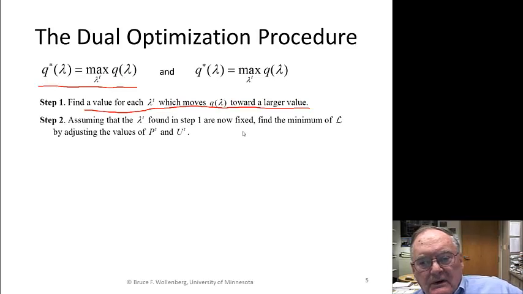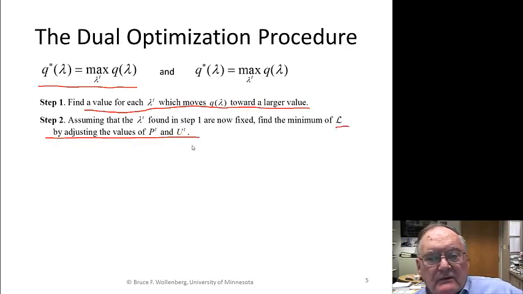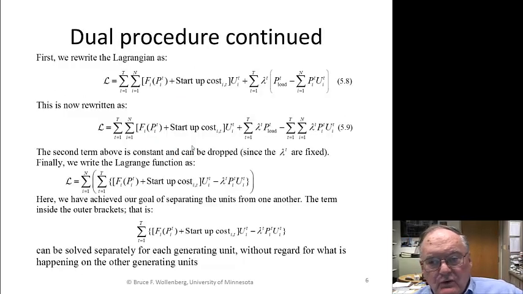In step 1 the lambdas are fixed, and then we do the minimization of the Lagrangian by adjusting the values of P and U. So let's work on this a little bit before I go any further.